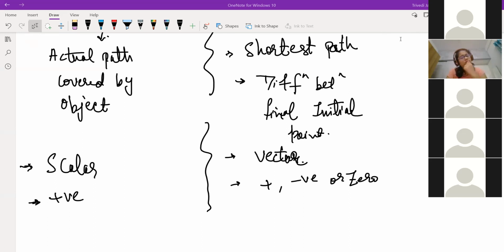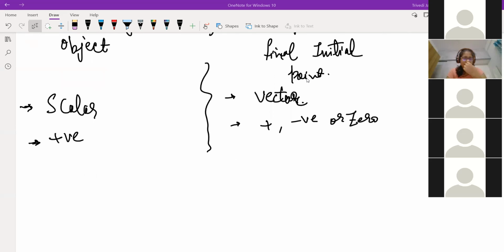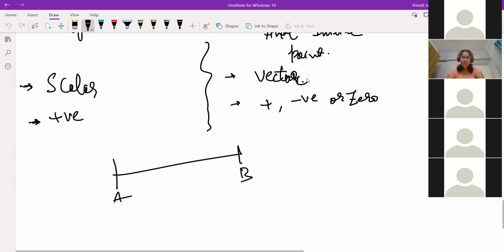Positive displacement, okay. Zero displacement also okay. Positive displacement means moving from here to here. Her example was correct, sir: going in the backward direction from the initial. If one person was walking and then went backwards, the displacement is negative, but the distance is always positive.